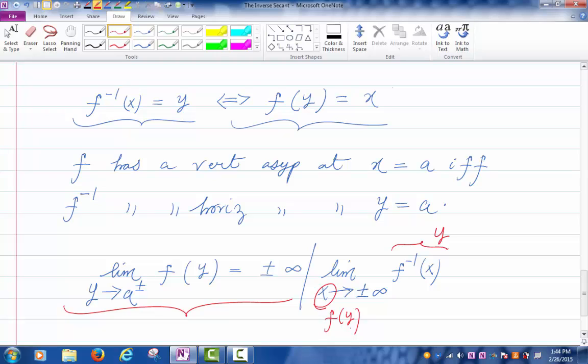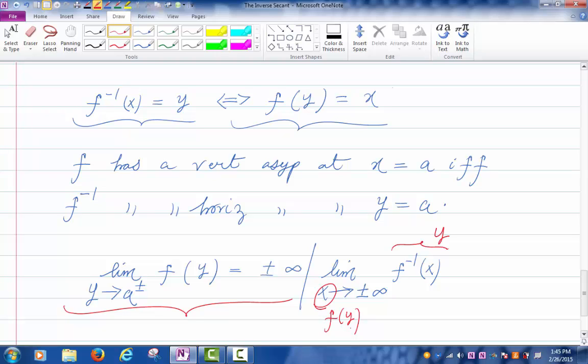Remember, these are the limit of f of y as y goes to a is plus or minus infinity. Now I'm looking at the limit of f inverse of x as x goes to plus or minus infinity, but x is f of y, and f inverse of x is y, right?